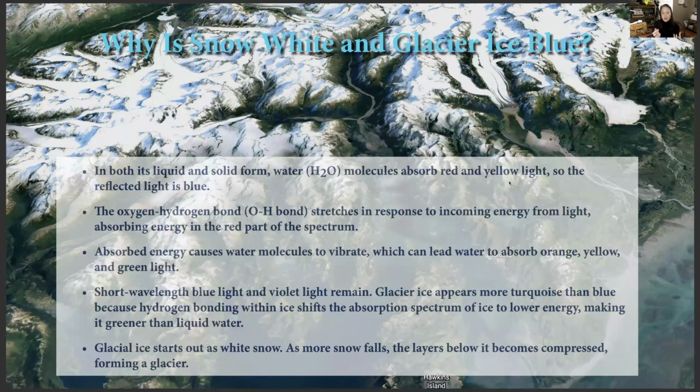So glacial ice does start out as white snow, but because of the way glaciers are formed and an immense amount of pressure, it gets compressed, and the glacial ice is much more able to absorb the energy at the long spectrum.